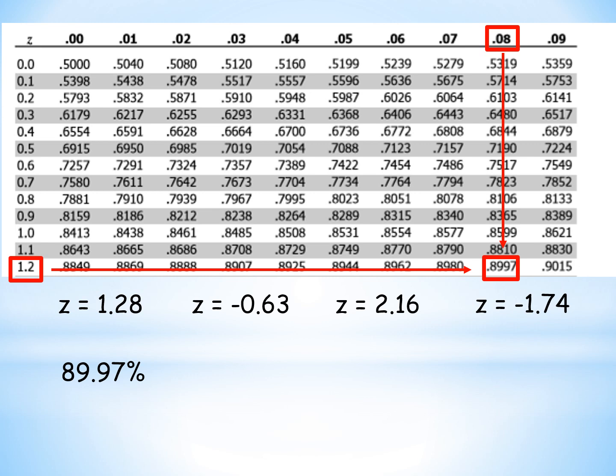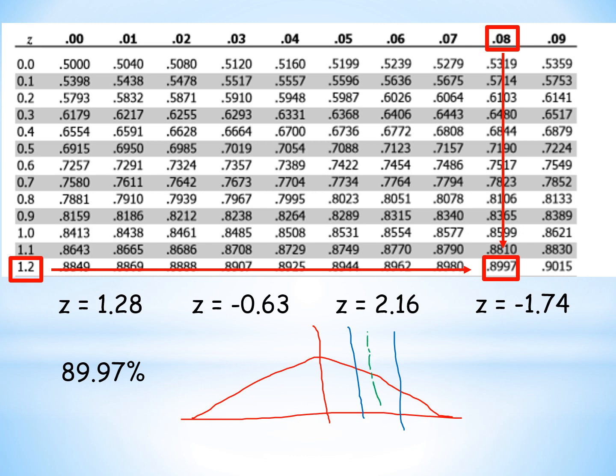If you think about what that might look like on your chart, if you had a curve here, and I can't draw it very well, but we'll try this. There's your curve. Here is your mean, whatever your mean was that they had given you. And you're 1.28 above the mean. Like if this is one standard deviation, this is two standard deviations, you're going to be right around here somewhere, 1.25.